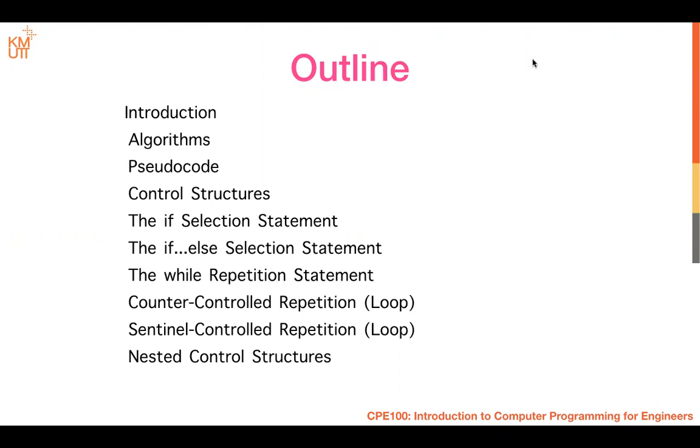Today, these are the outlines that I'm going to talk about. I will introduce how to solve problems by using programming. Then I will talk about the description of algorithm and pseudocode. Then I will go to some control structures in programming.